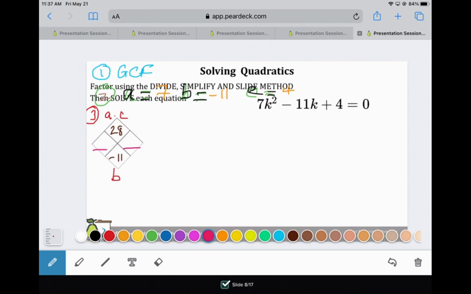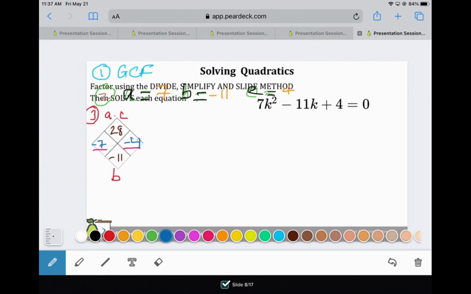7 and 4. However, it should be negative 7 and negative 4 because when I add them, that should give me negative 11. So we have negative 7 and negative 4. Good. I will show you how to use a graphing calculator to find it. If you have a graphing calculator, in a minute I'll show you how to find that. Okay, that is step 3.